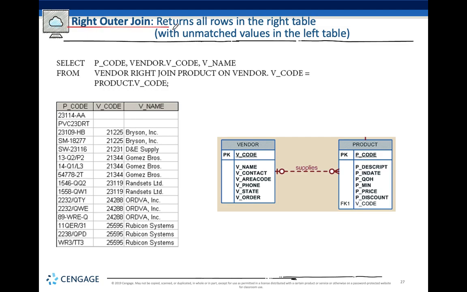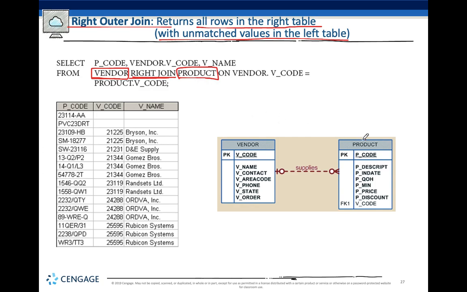So a right outer join returns all rows in the right table, including those with unmatched values in the left table. So if we say select the same columns as before, vendor right join product, here again our left table is vendor and our right table, or the second table, is product, but we are doing a right join.